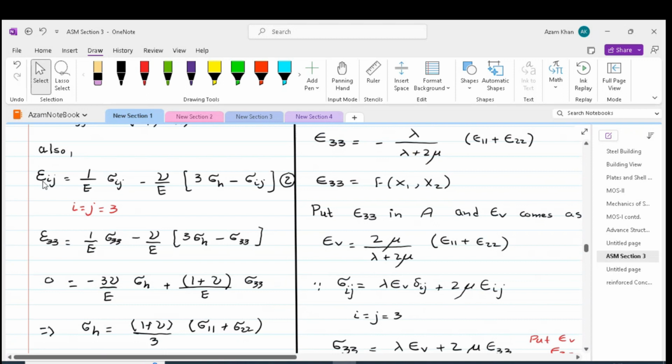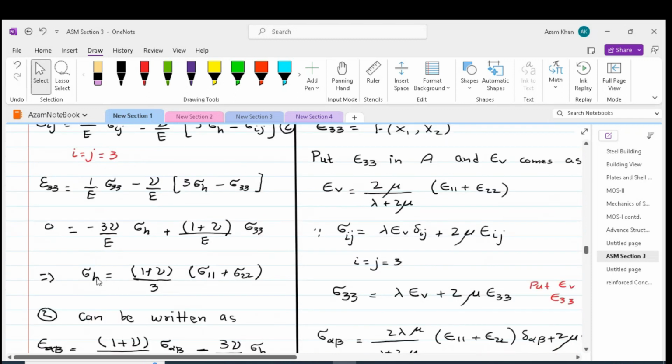We can again take the same equation, epsilon ij equal to 1 by E sigma ij minus nu by E, bracket 3 times sigma h minus sigma ij, and make ij equal to 3, so sigma 33 equal to 0, and work out our hydrostatic stress from this equation, which comes out to be 1 plus nu by 3, small bracket, sigma 11 plus sigma 22.